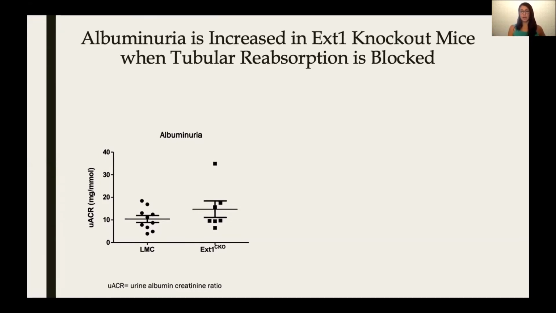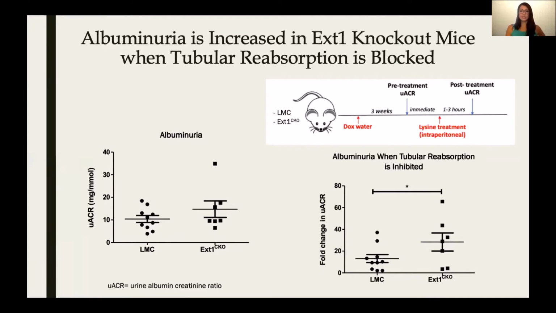the EXT1 knockout mice. To test this, again, we used littermate control and EXT1 knockout mice, treated with doxycycline to induce the knockout. Then I collected a pre-treatment urine, and I immediately treated with lysine, which is known to be a potent tubular reabsorption inhibitor.